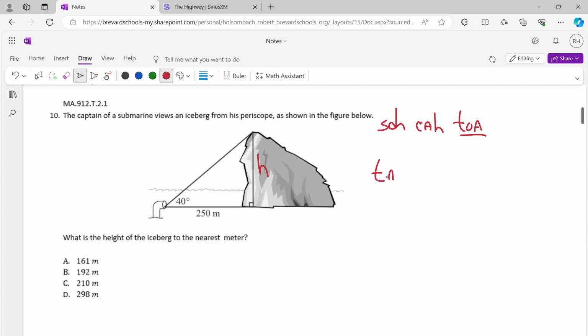So tan 40 equals the opposite side over the adjacent side. So multiply both sides by 250. And 250 times tan 40 is 209.8.